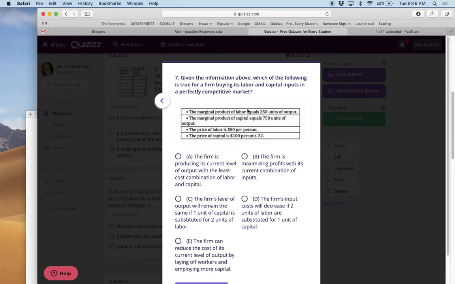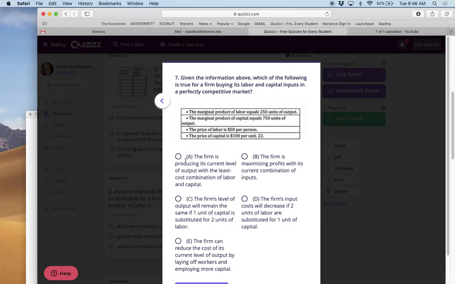We have to set marginal product divided by cost equal across the two. Marginal product of labor is $2.50 divided by 50. 250 divided by 50 is 5. 750 divided by 100 is 7.5. So it looks like capital gives you more value than labor, so you should hire more capital and fewer workers.